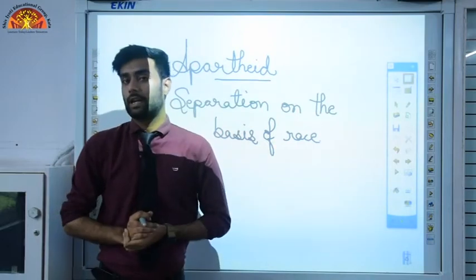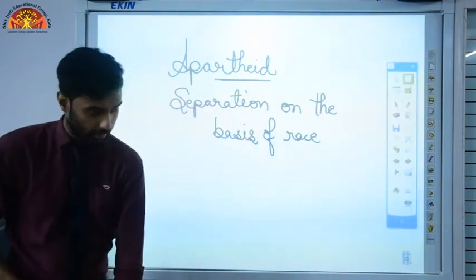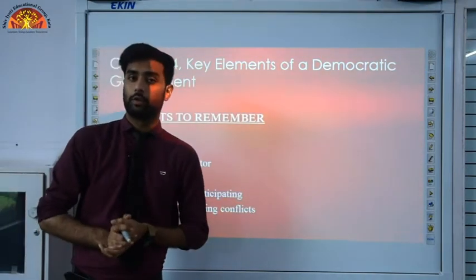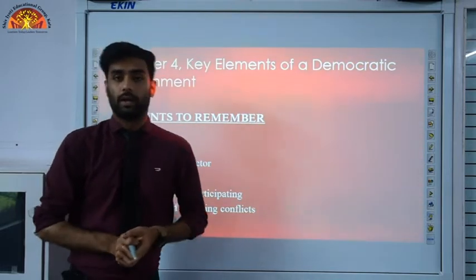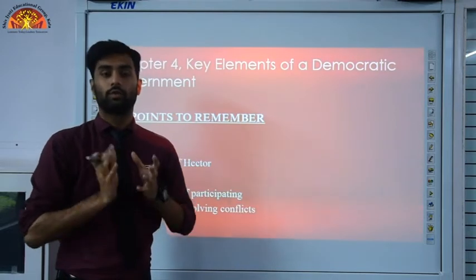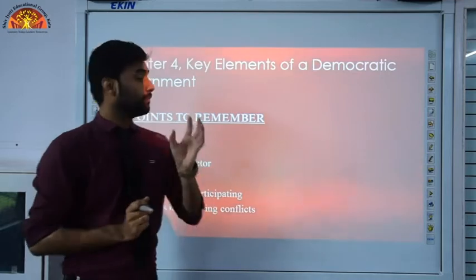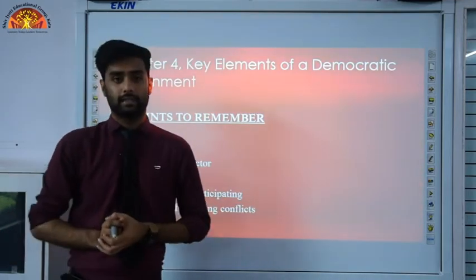And how is it relevant to this chapter? Students, we learned about the story of Hector. Do you remember that Hector was a 14-year-old boy who wanted to learn his native language, which was Zulu? But the colonial government who was ruling over Africa during that time did not allow them. They wanted the natives of that place to learn the Afrikaans language.